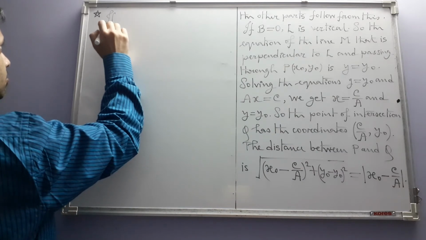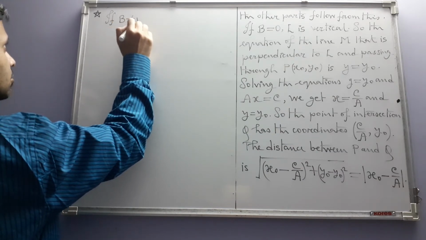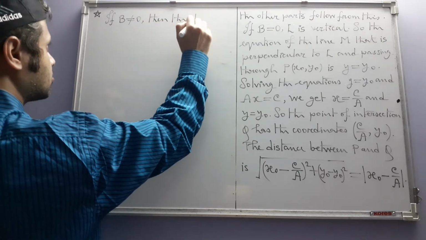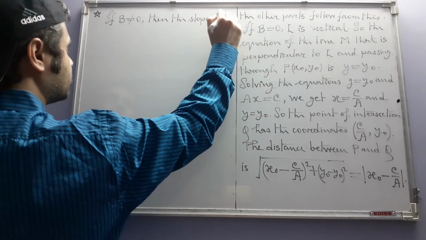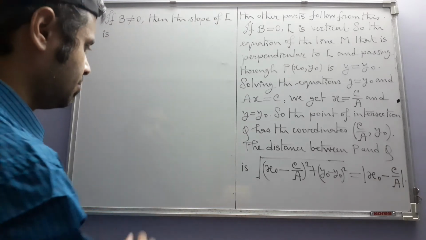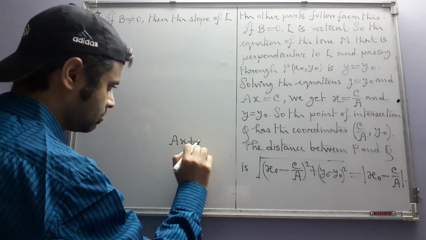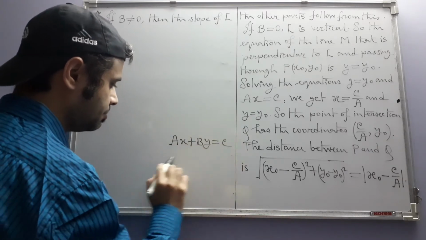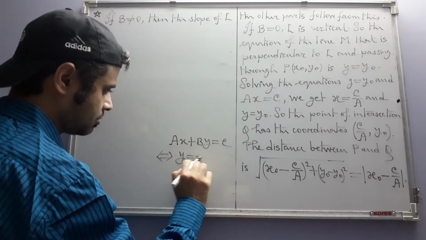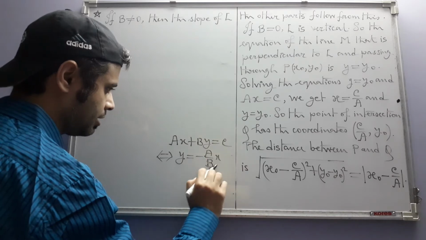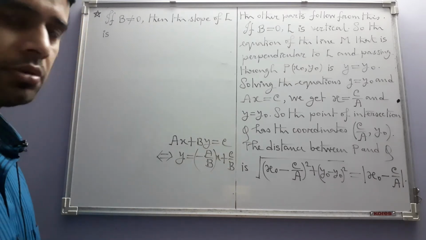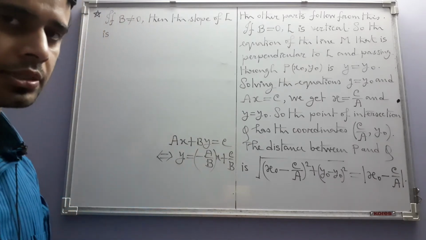If b is non-zero, then the slope of L is, from ax plus by equal to c, you can rewrite the equation like this: y equals minus a divided by b x plus c divided by b. So it's of the form y is equal to mx plus c. So here the slope is minus a divided by b.